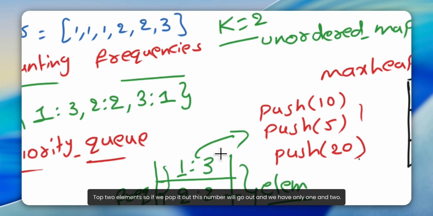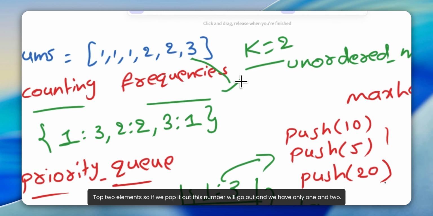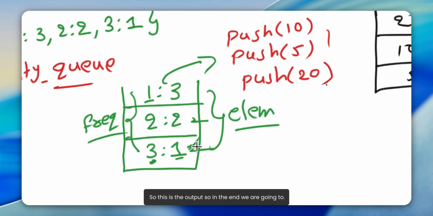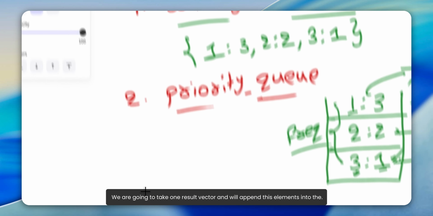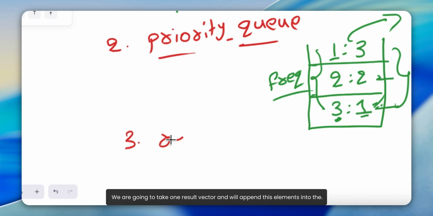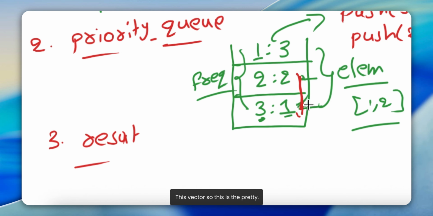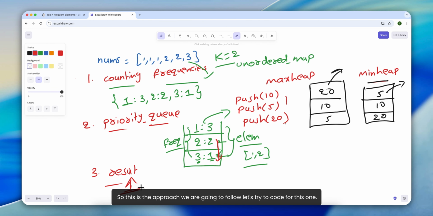So if we pop it out, this number will go out and we have only 1 and 2. So this is the output. In the end, we are going to take one result vector and append these elements into this vector. So this is the approach we are going to follow.